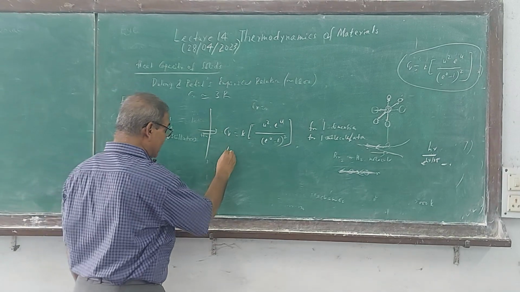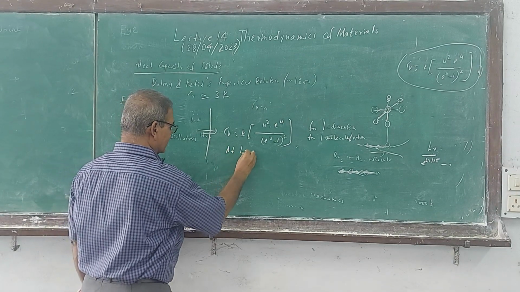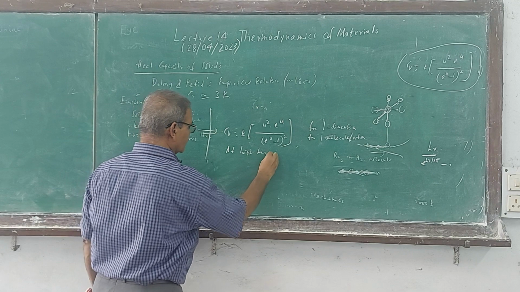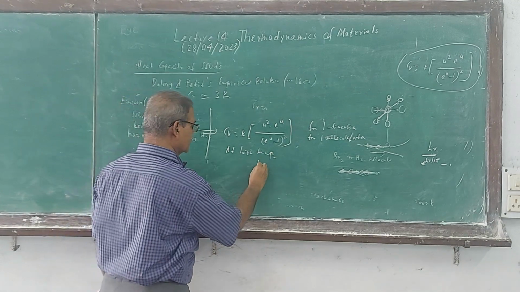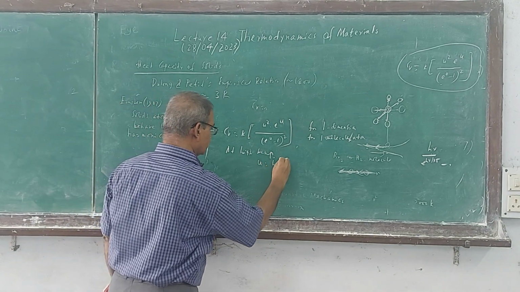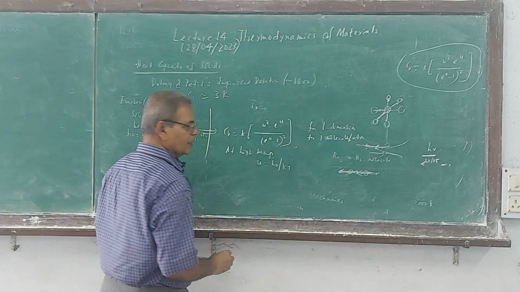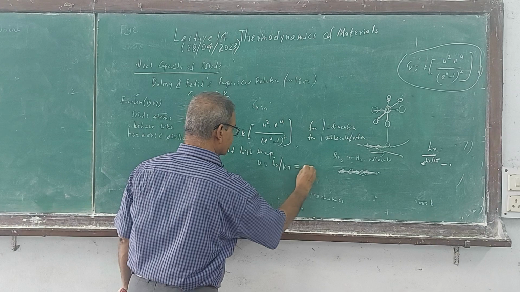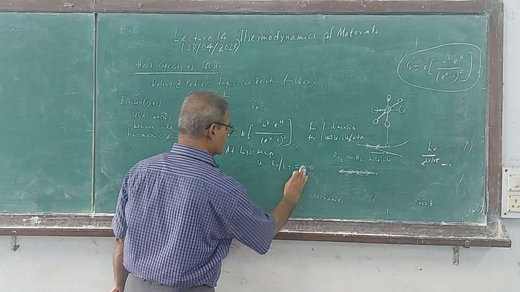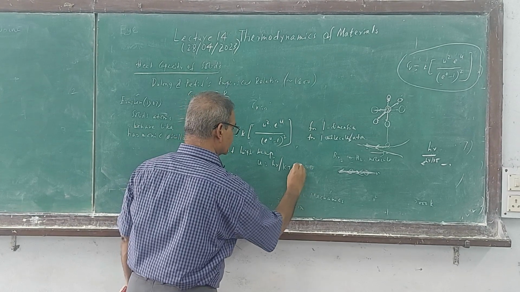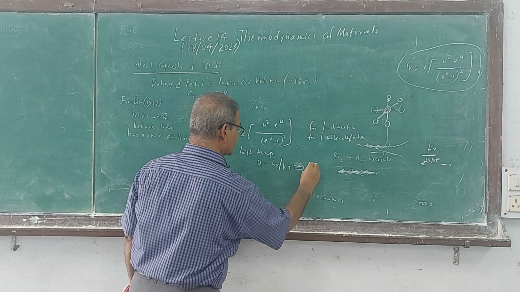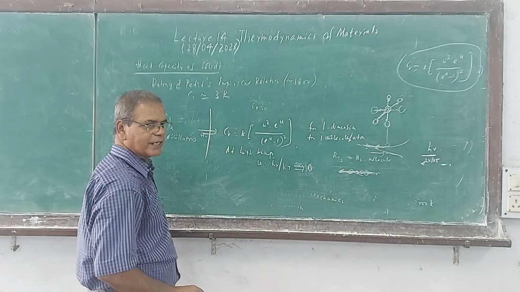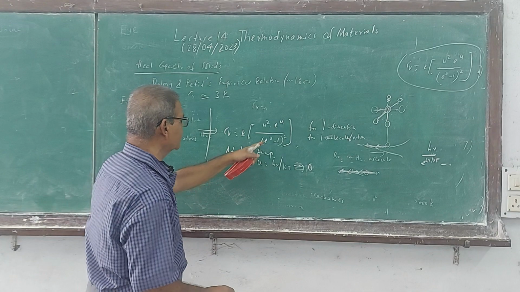Now, at high temperature, what is u? u is h nu by kT. At high temperature this tends to 0. Idealize high temperature: if it is 0, what is the limit?